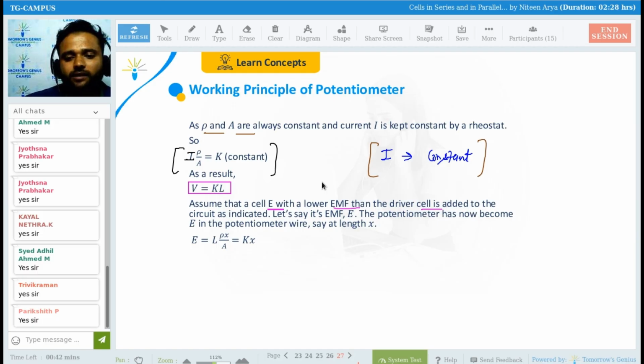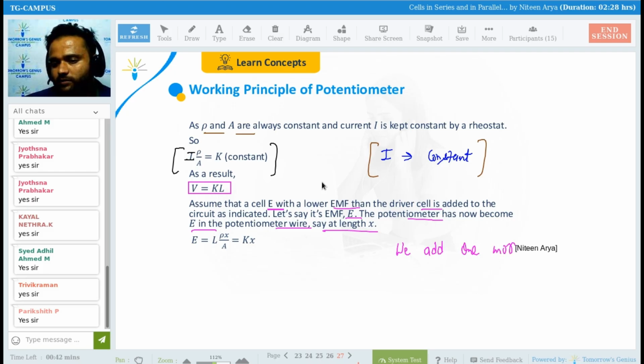Now let's say the EMF E in the potentiometer wire is balanced at any particular length X. Means simply we add one more cell of EMF E.